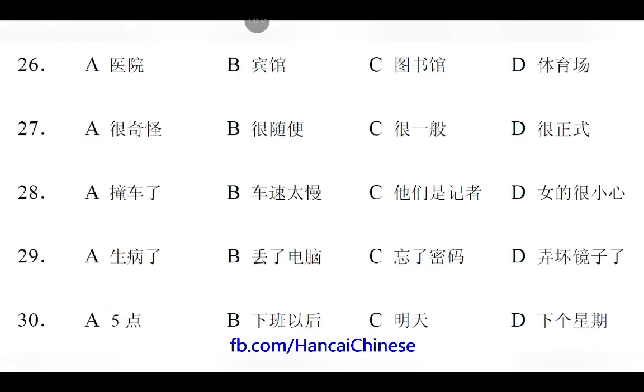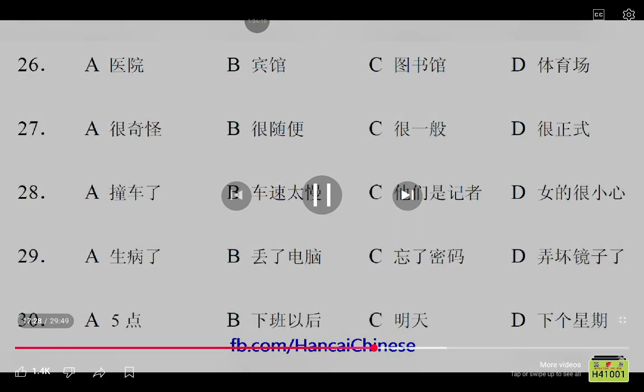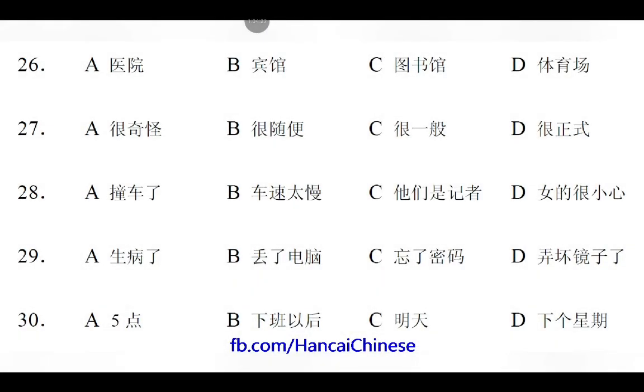现在开始第26题。26，姓名、年龄、性别、联系电话都写在这张表上。好的，是在1楼打针吗？对，1楼，就在对面。一会儿请把这张表交给护士。好的，谢谢你。男的最可能在哪儿？ So the answer is hospital. The man is most likely in a hospital.